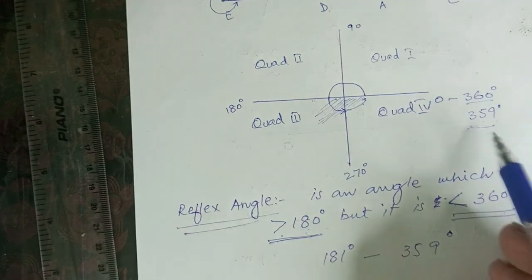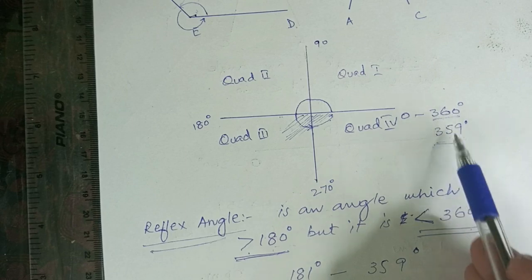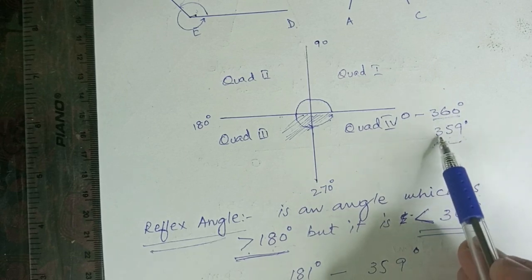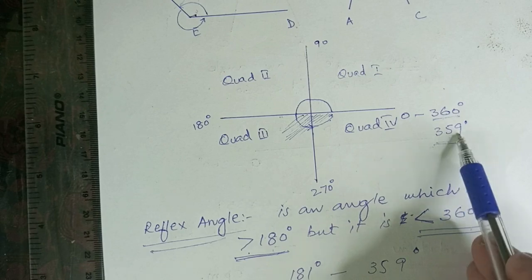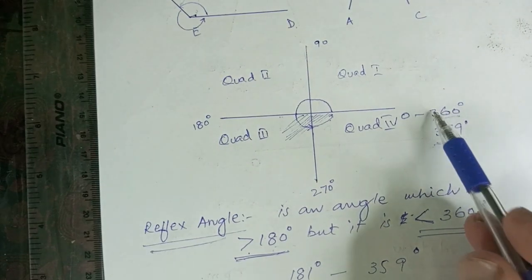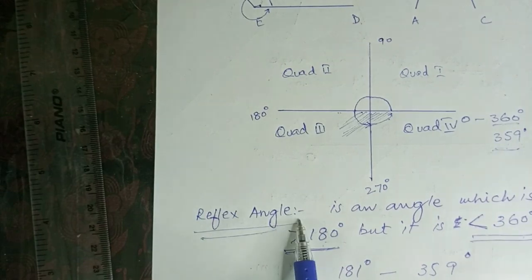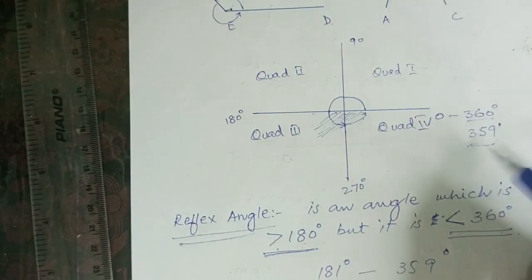Similarly, I told you that it is less than 360 degrees, maybe 359 degrees in round figures. Anything which is less than 360 degrees or greater than 180 degrees will be considered a reflex angle.